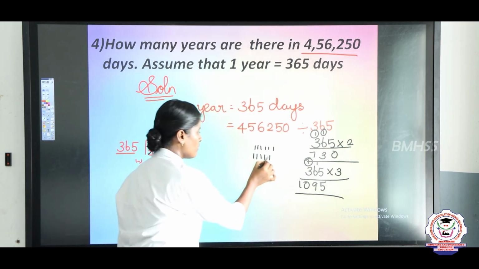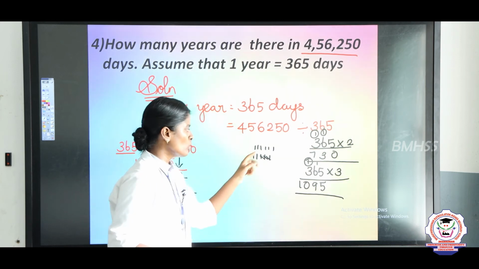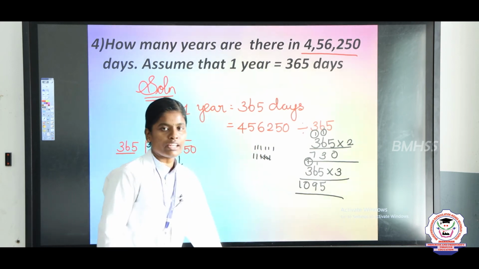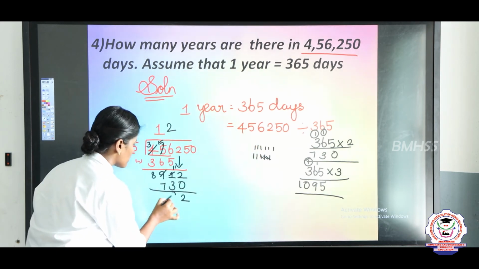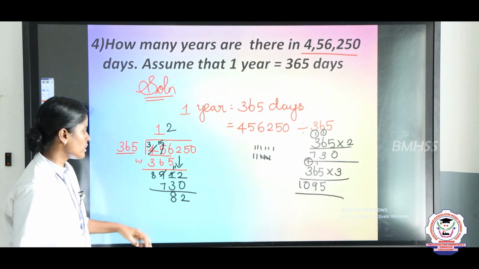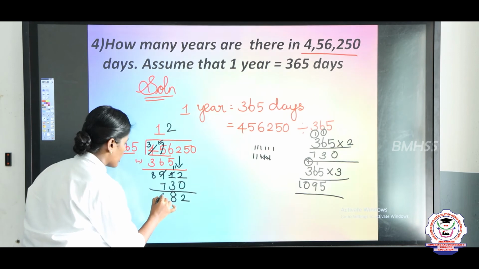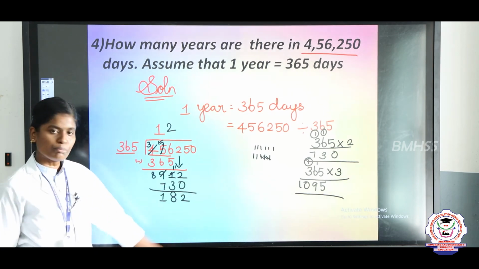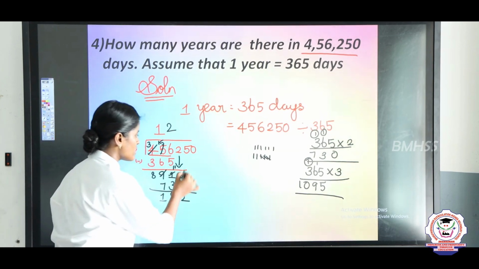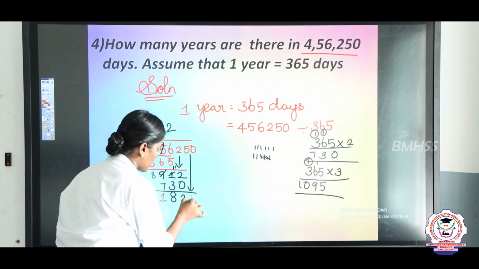Remaining, how many lines do we have? 1, 2, 3, 4, 5, 6, 7, 8. So the answer is 8. Next, 8 minus 7, the answer is 1. Next, I am going to bring down the next number. What is the next number? The next number is 5.